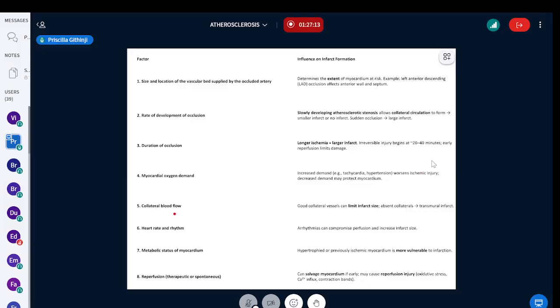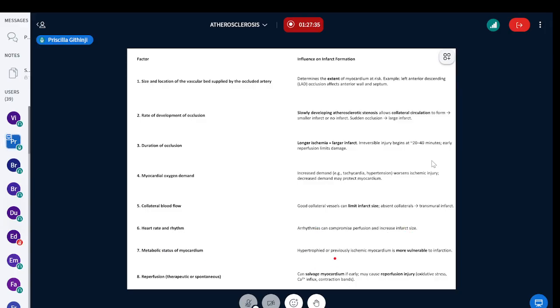We've talked about collateral blood supply. If you have good collateral vessels, this will limit the infarct size. Then the heart rate and rhythm: if you have arrhythmias, this will compromise perfusion and also increase infarct size. Then the metabolic status of the myocardium.